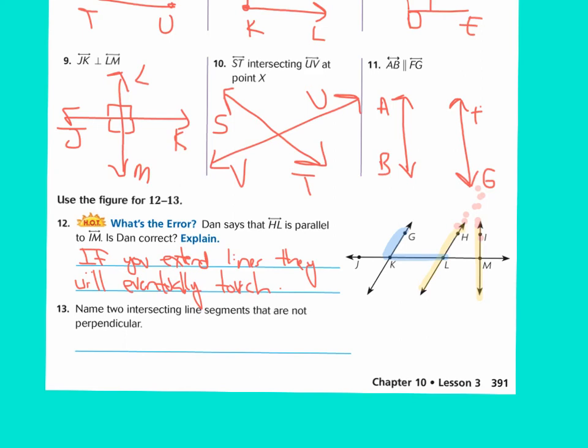So again, we have line segment GK, and we also have line segment KL, which would be 2 intersecting line segments. When they cross and meet at that point K, no right angle there.